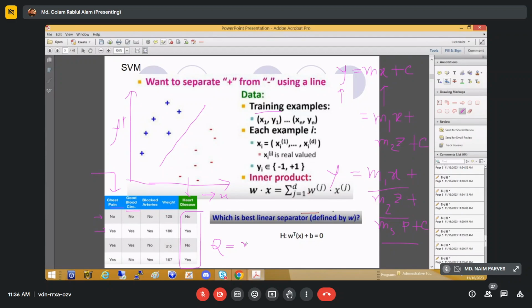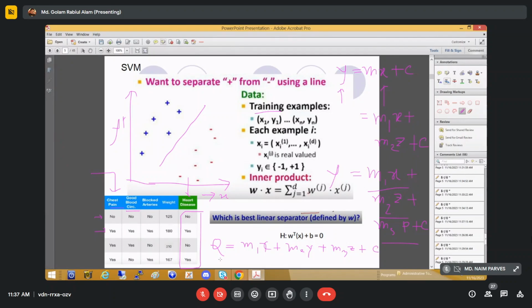So the equation we can say m1 then x plus m2 y plus m3 g plus c. Okay, so that means based on x dimension, y dimension, and g dimension, 3 features, we want to predict q.